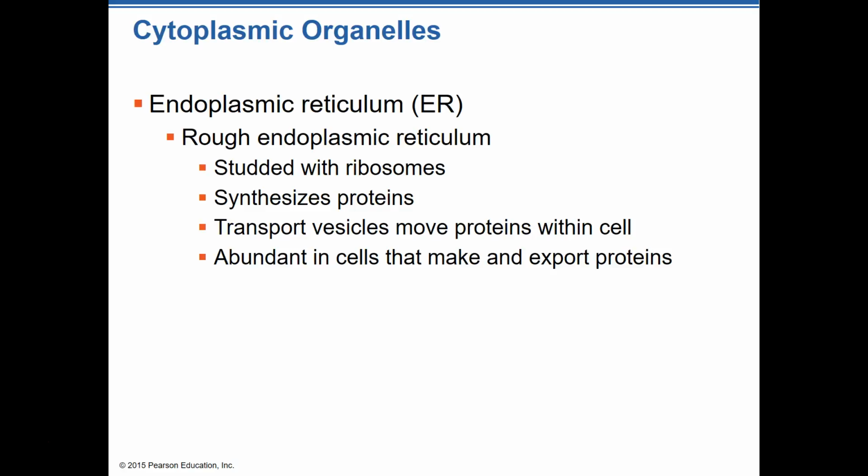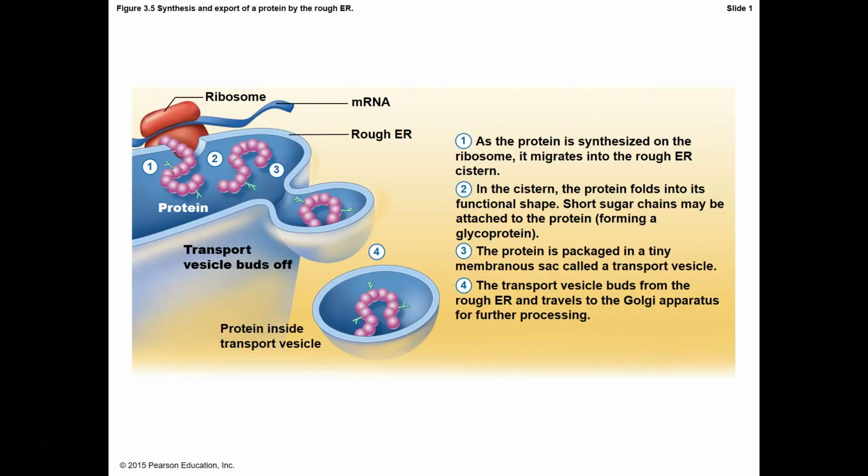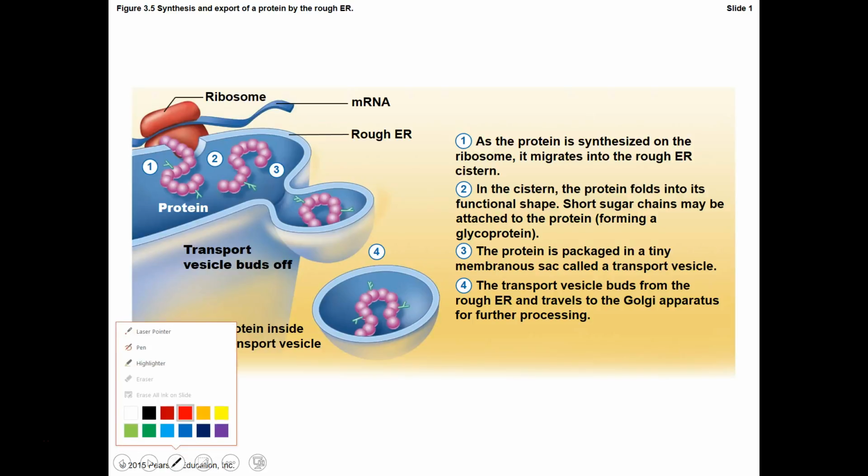And of course, the more a particular cell is responsible for creating and exporting proteins, the more abundant endoplasmic reticulum it'll have. So just realize that that's where proteins are made. And then we can see, this gives an example of it. We've got one of these proteins being made inside of that cell.